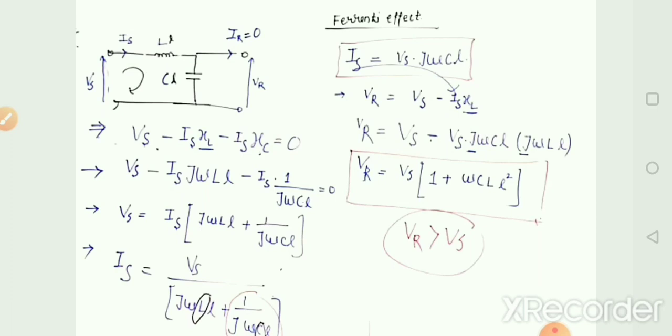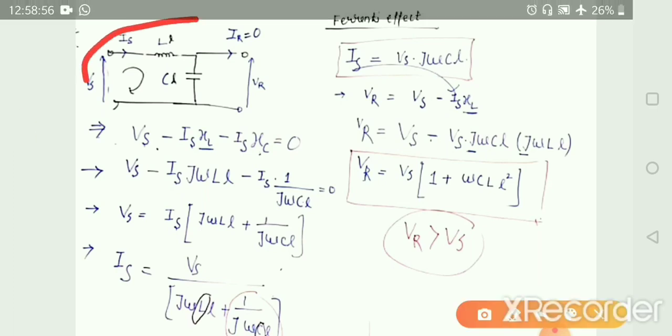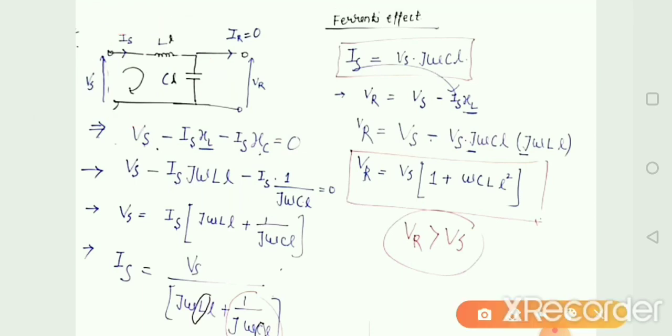Now we can also understand the Ferranti effect by this. At first we take a small part of a transmission line, and here we apply KVL. Now we get Vs equal to minus Is into XL minus Is into Xc for the capacitance.